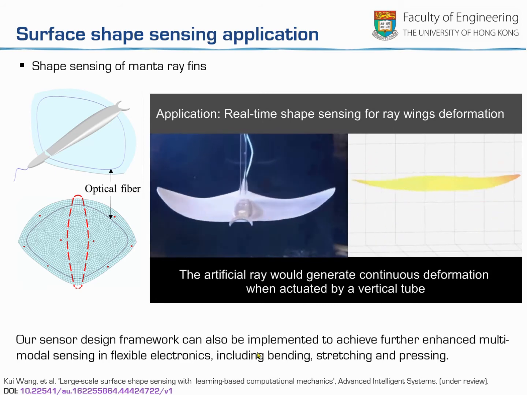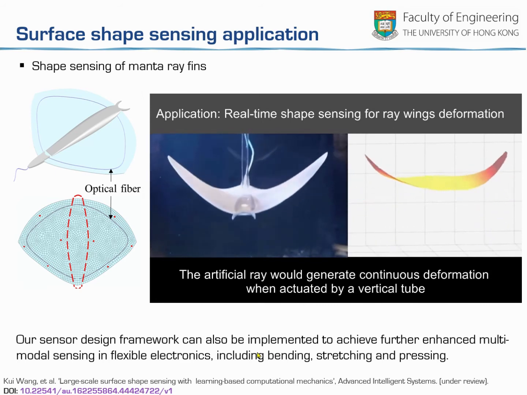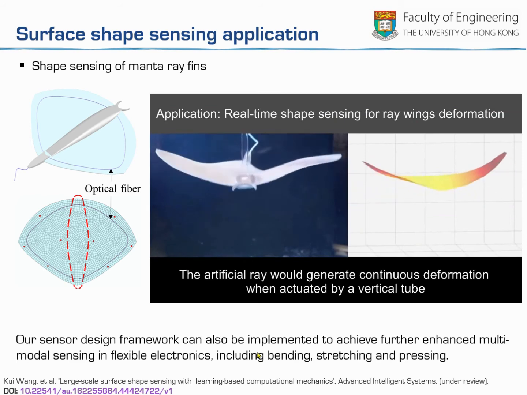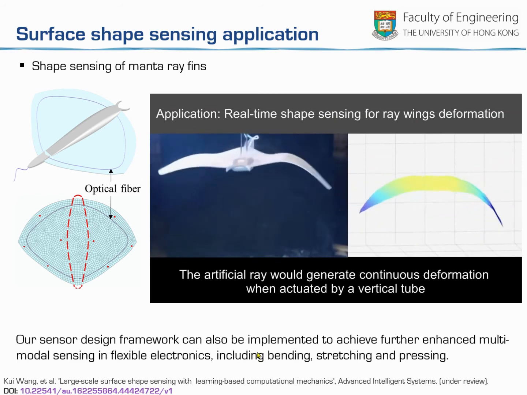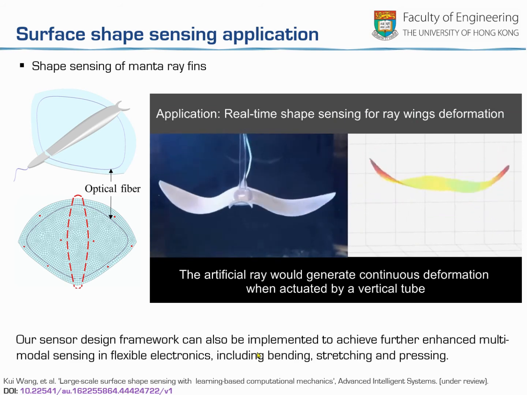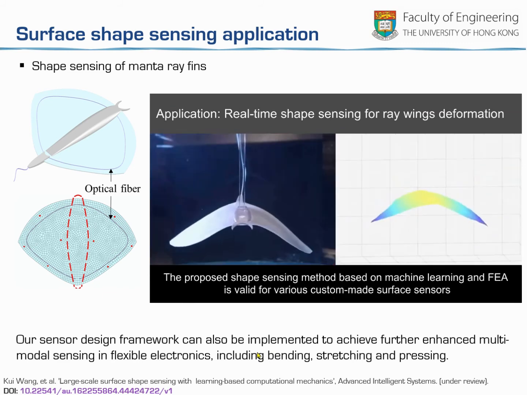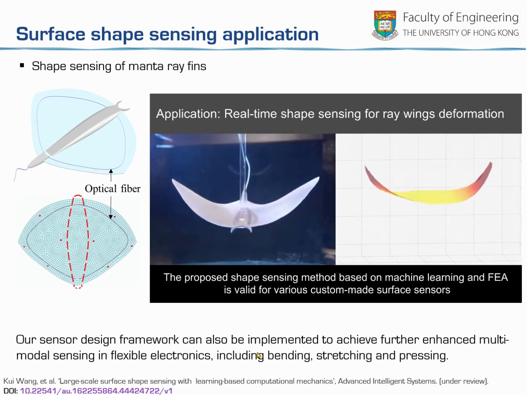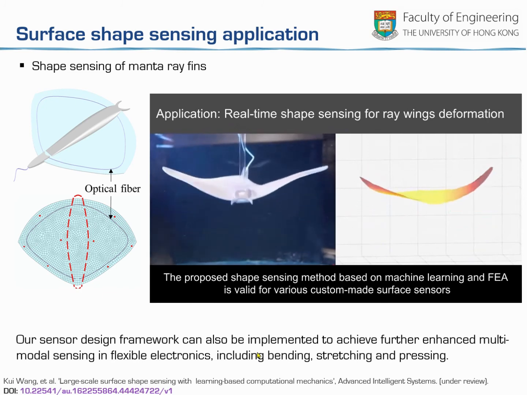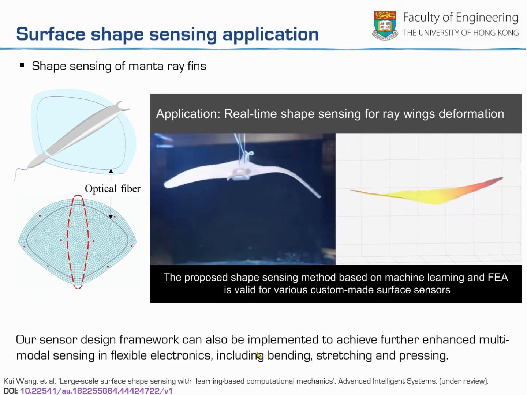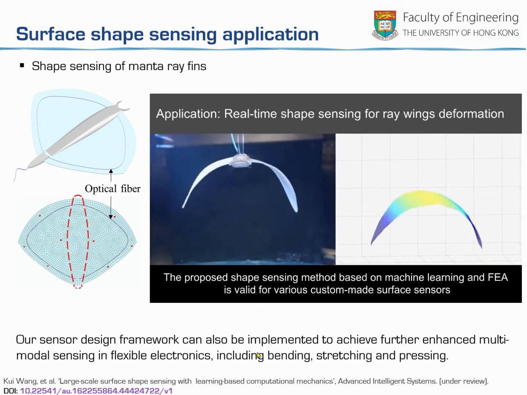We also fabricated another manta-ray-like sensor and tested it underwater. Still, we got our training data in air, where we manually bend the fins for full-featured configuration. Real-time reconstruction was accurate, even when it was displaced by the hydrodynamic force.